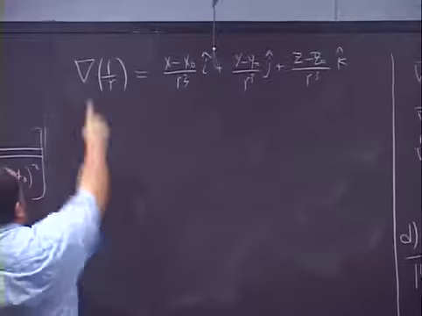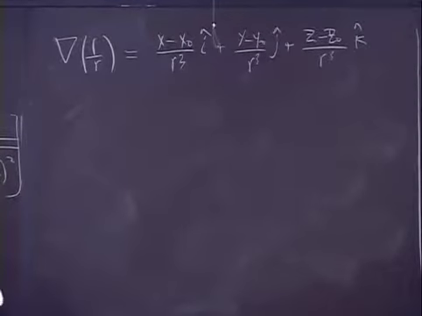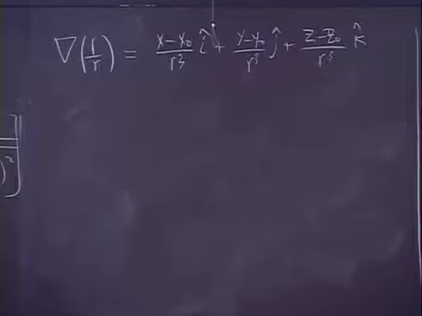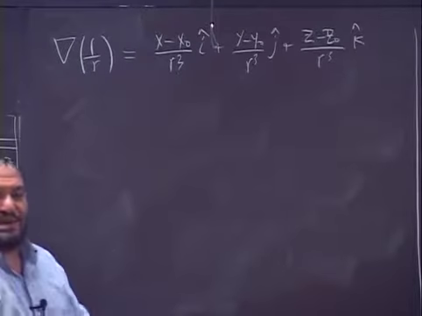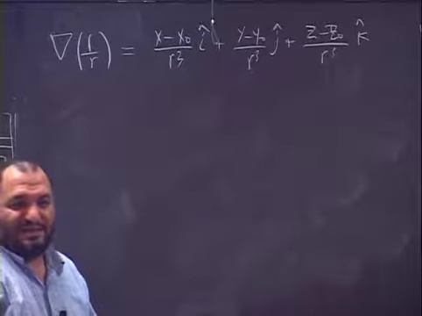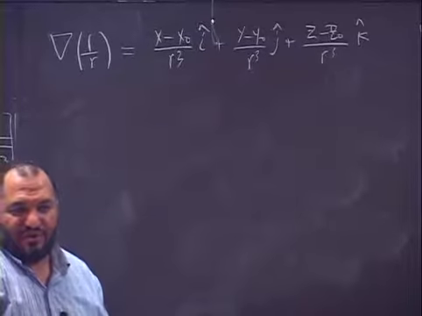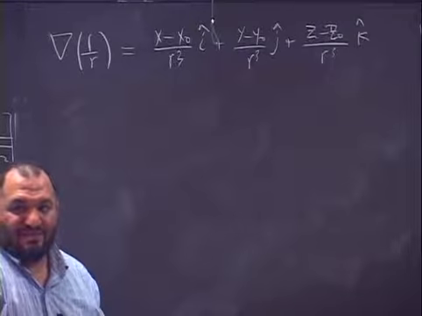Of course, when you have any constants here, it does not make any difference. So 1 over r or c over r is a scalar potential field, like the electrostatic potential, which is a scalar field.